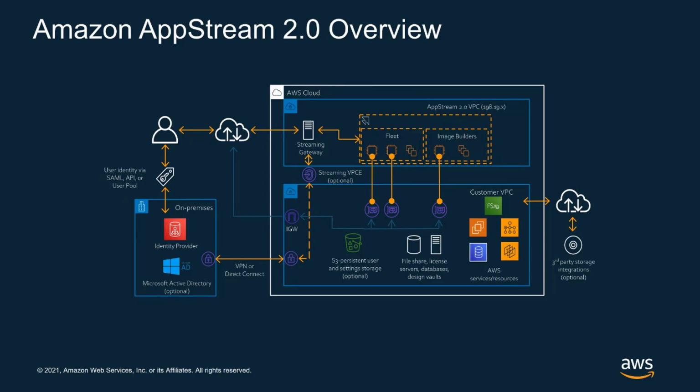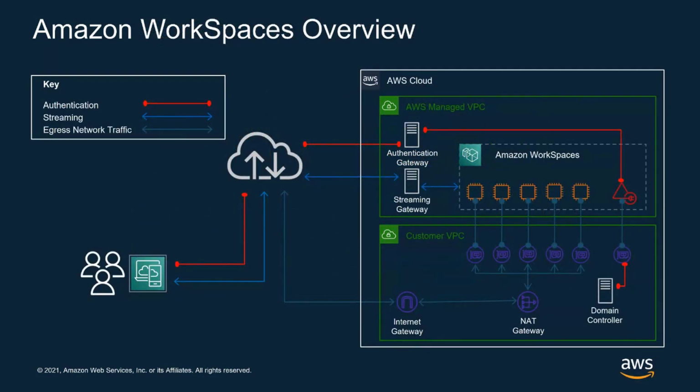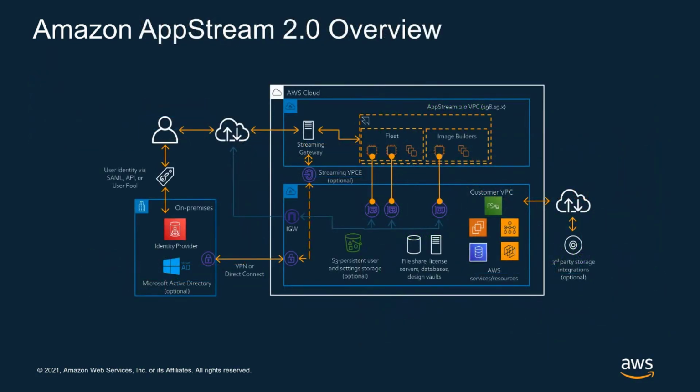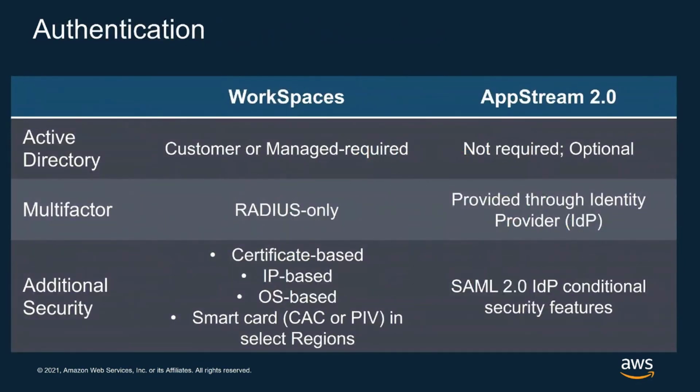But you can see right here, going back, I have an authentication gateway with WorkSpaces. I don't have one with AppStream. And that's important when we start to break down these authentication differences. Regardless of what you're doing, WorkSpaces is built on Active Directory.